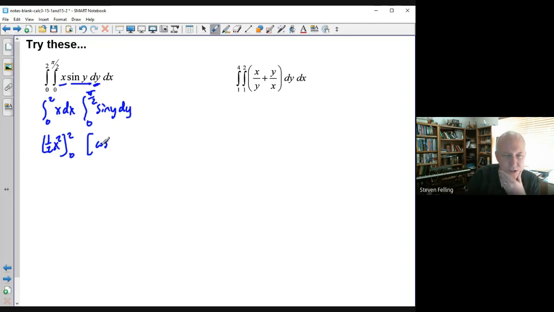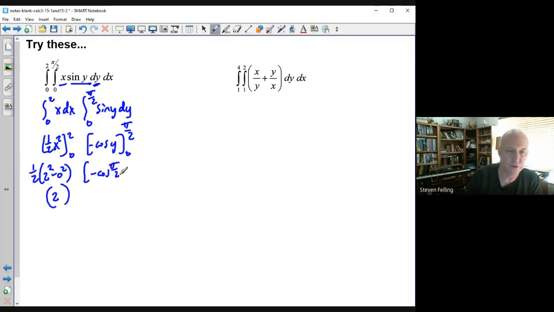So is that right? Yes, the antiderivative is negative cosine. I just have to think about that. So then plugging in here, we would have a half times 2 squared minus 0 squared, so that evaluates to 4 divided by 2, which is 2. And then over here, we would have negative cosine of pi over 2 minus negative cosine of 0.